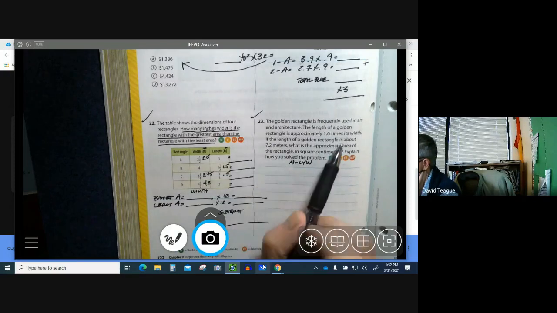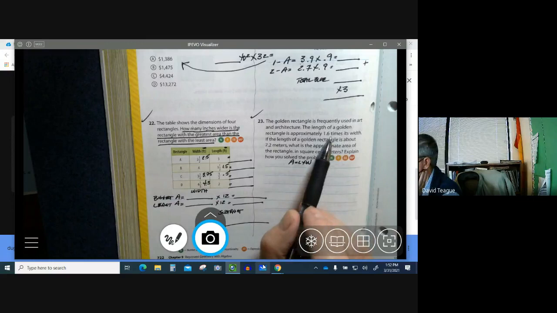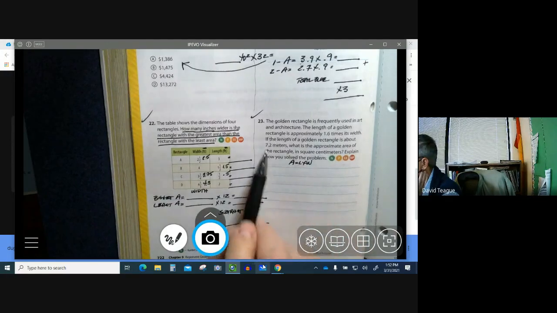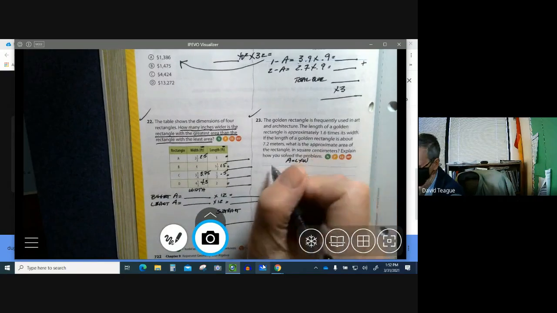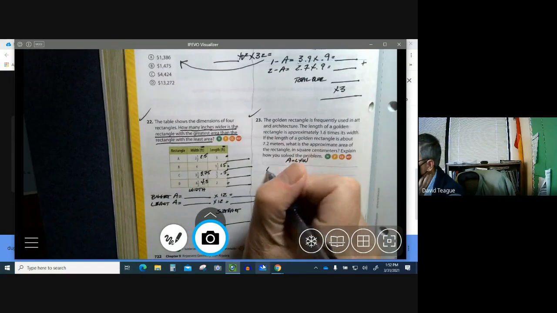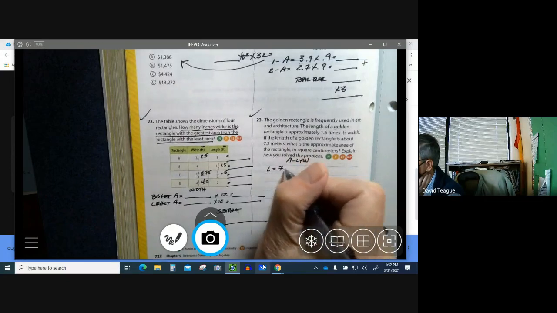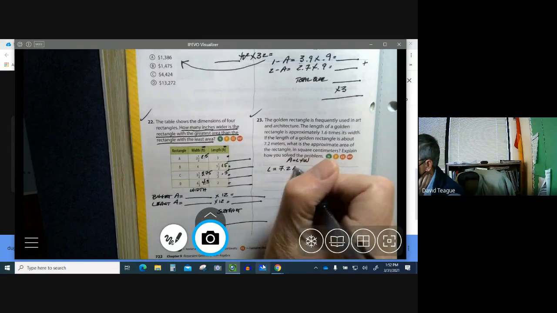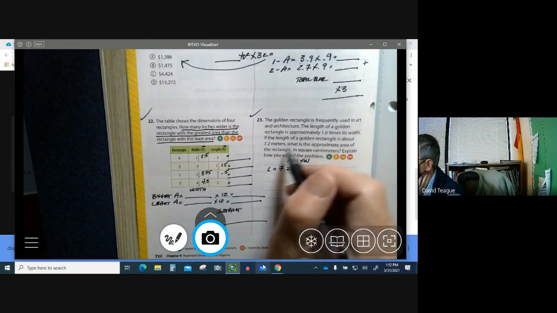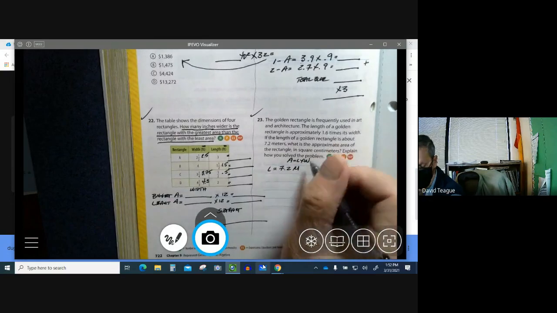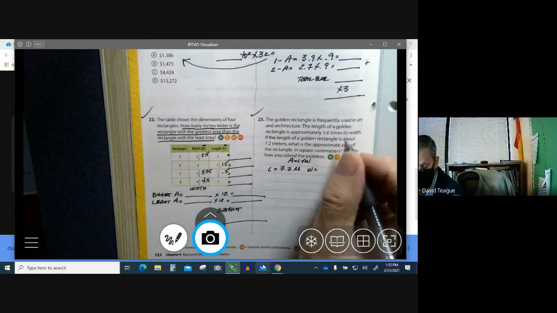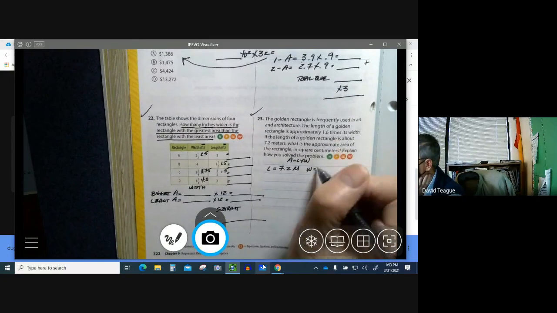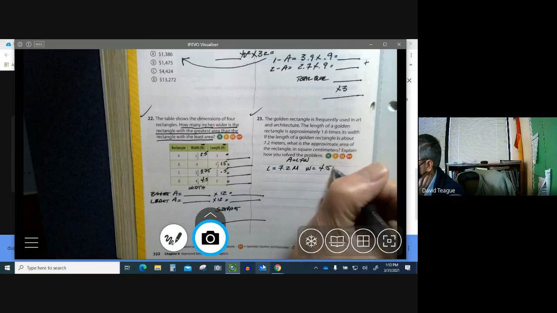So to find its width, I can just take 1.6 and divide it into 7.2. Okay? And when I do my division, I know that my width is 4.5 meters.